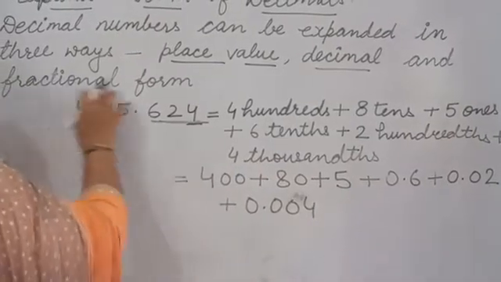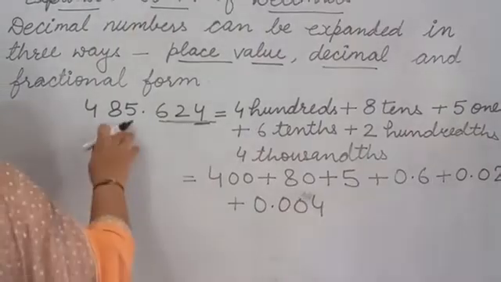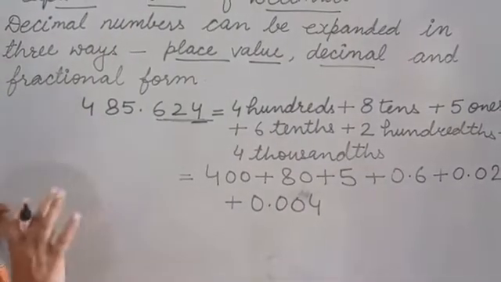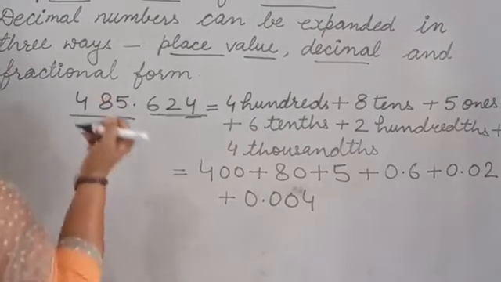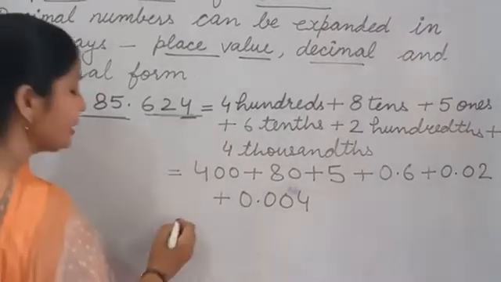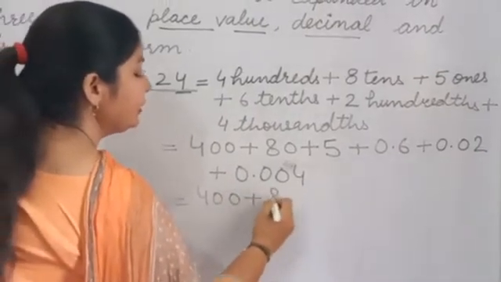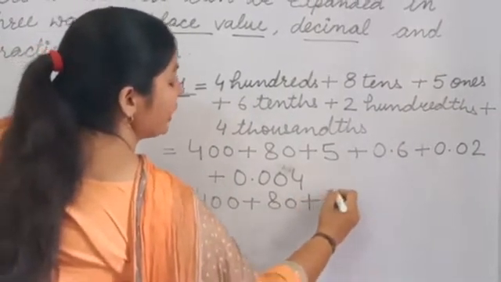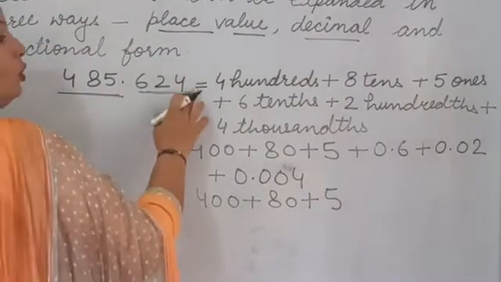Third is fractional form. How do we write in fractional form? So whole part again it will remain same. There are no changes in the whole part. Whole part will always remain the same. 400 plus 80 plus 5. Now changes start in fractional. Okay.